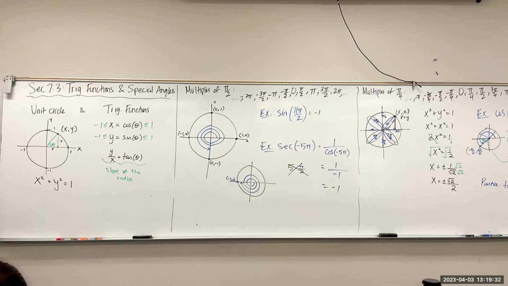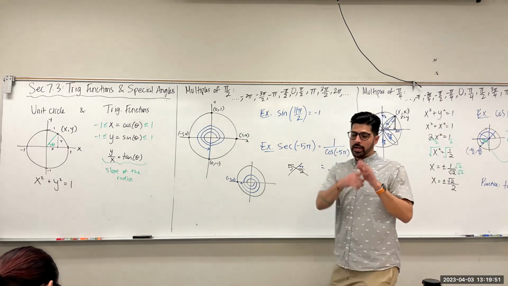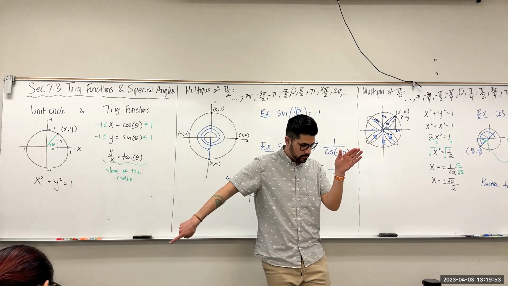First locate where negative 3 pi over 4 will be. Remember, you're going negative, so you're going clockwise.